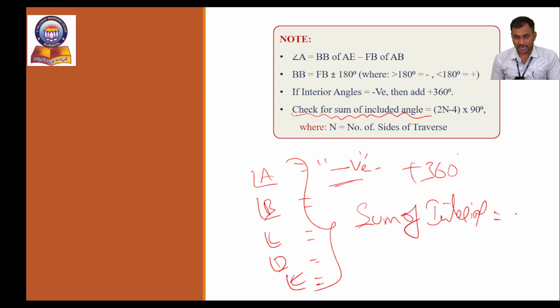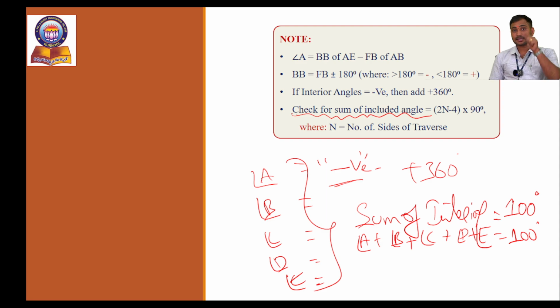How much will we get? For example, 100 degrees, I'm just telling. For example, angle A plus angle B plus angle C plus angle D plus angle E equals 100 degrees. Whether the summation of all interior angles is 900 degrees, right or not.